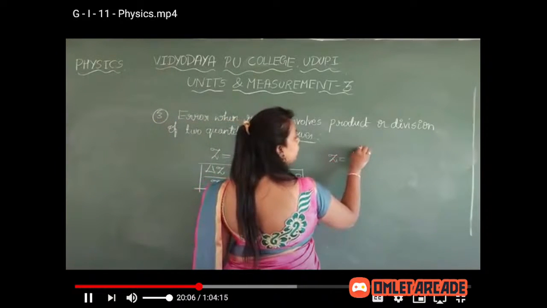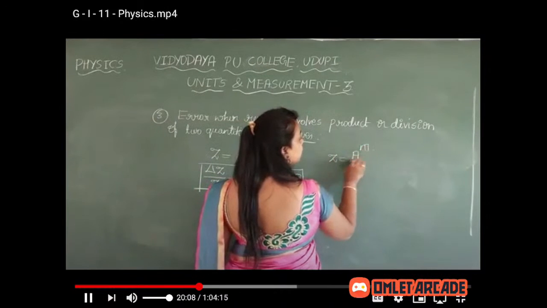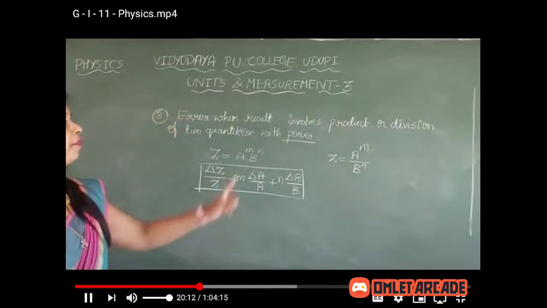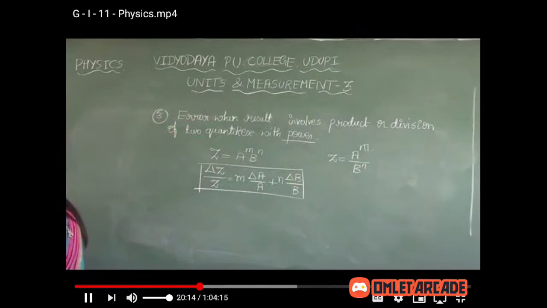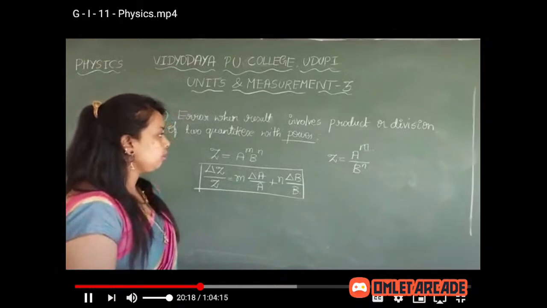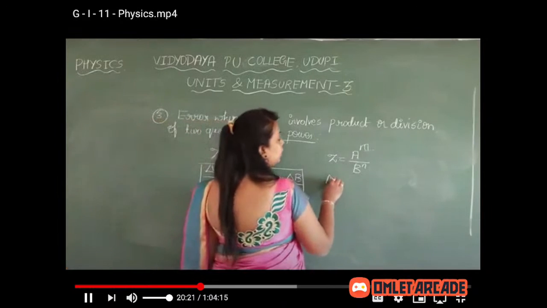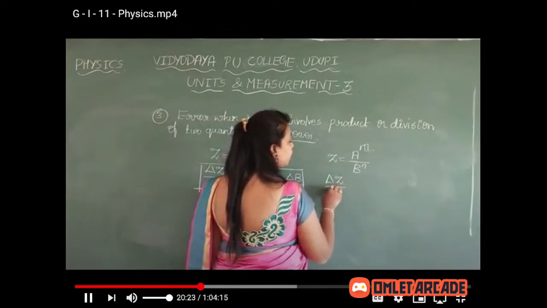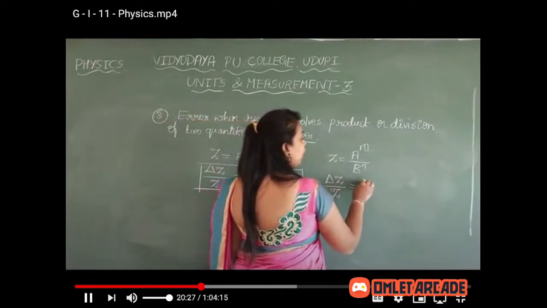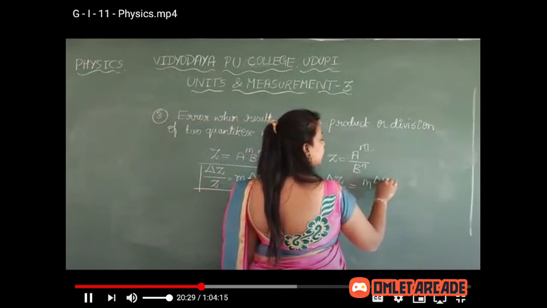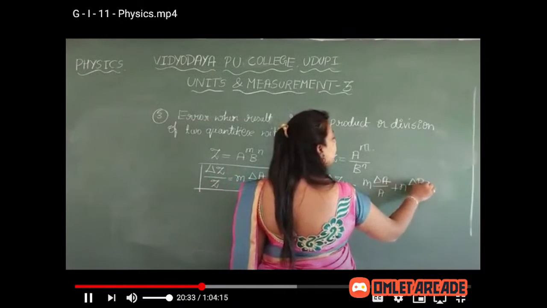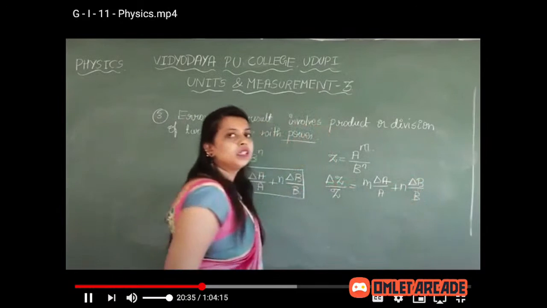This formula is the same for division also. If z is equal to a to the power of m divided by b to the power of n, how to find the resultant relative error? On the right-hand side you can write delta z by z, same thing, that is equal to m into delta a by a plus n into delta b by b.